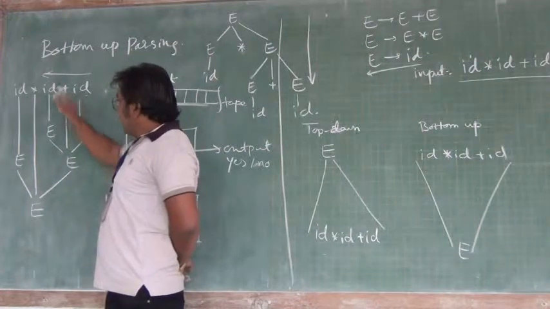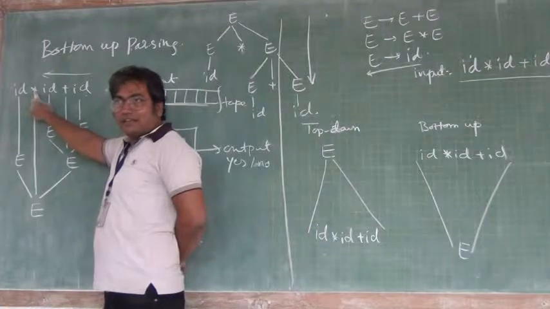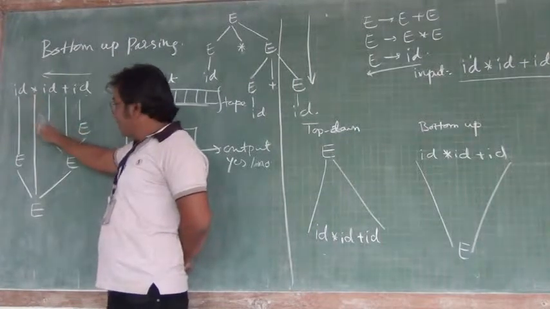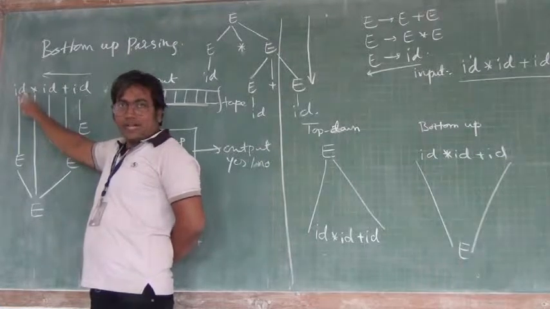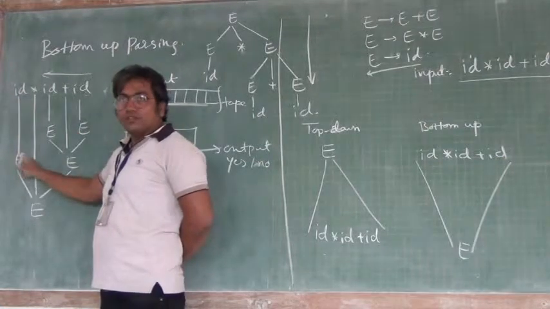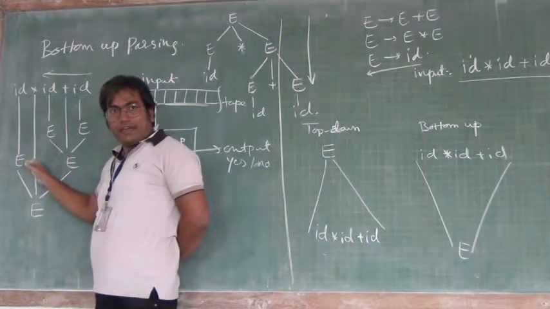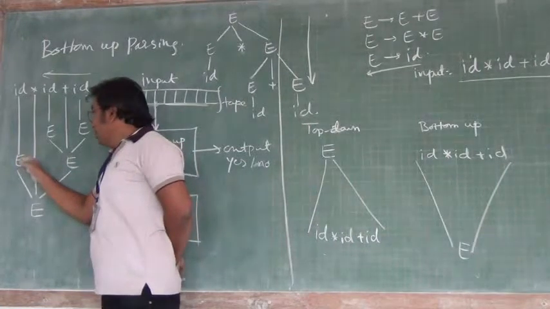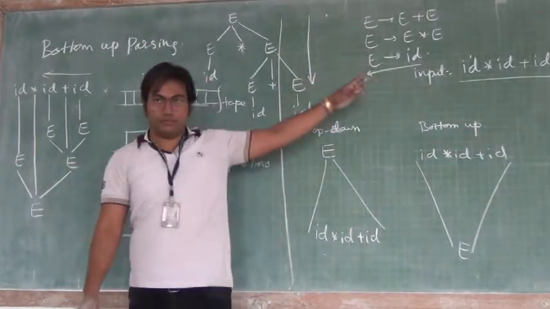Further after that I move to the next input, that is star. Since that is a terminal, I don't do anything. I move to the next symbol, that is ID, that I reduce to E. So at this moment I am able to see again the known pattern like E star E, which is the right hand side of my production.